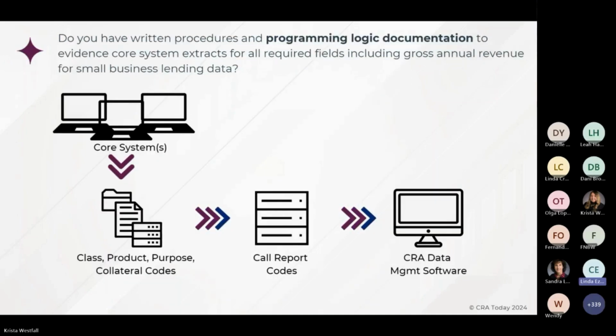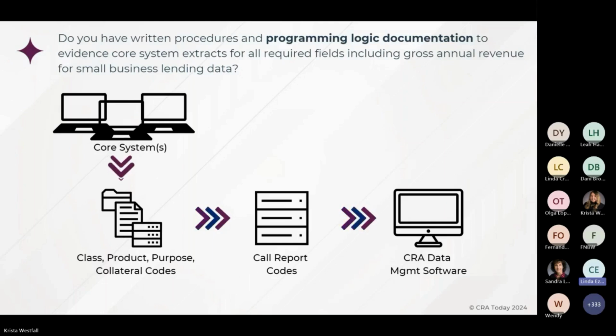This is a piece that is often overlooked. You arrive at your bank, you're excited, you're leading your CRA program, and you get extracts on a monthly, quarterly, semi-annual basis, let's say. And then you work the extracts and you're capturing small business loans, right? And maybe we haven't paused to recheck the logic that exports from our core systems. Did core systems change? Did people change, right? Do we have more products? Do we have less products?